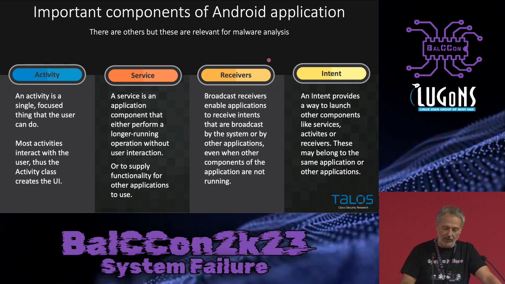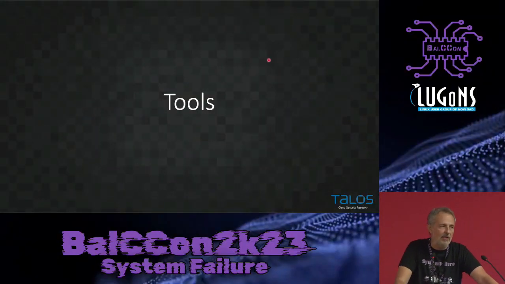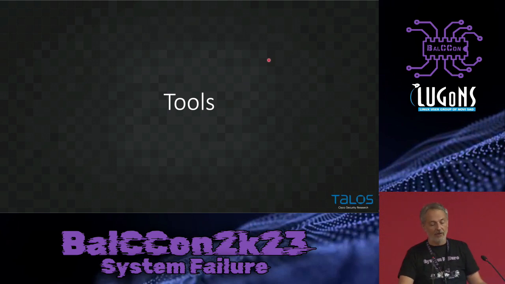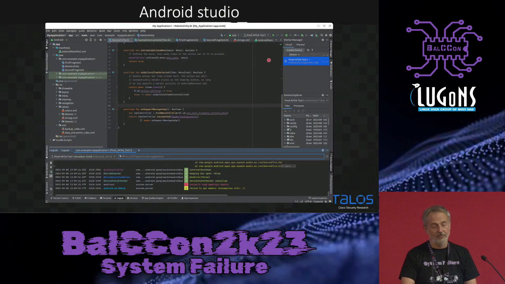We usually start with looking at the Android manifest. I mentioned at the beginning that there are some good tools, and probably the best tool to start with is the Android SDK, Software Development Kit, and also Android Studio, which is the integrated development environment that's kind of like a clone of IntelliJ.